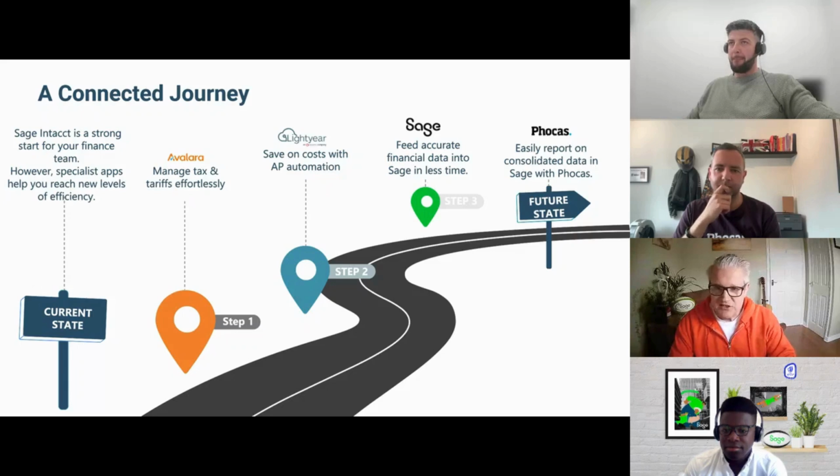Then Sage feeds the actual financial data, and that data is interpreted by Phocas for excellent reporting and consolidation. So you can see there's a connected flow of Sage and Sage partners providing end-to-end solutions, helping with all this economic uncertainty right now.